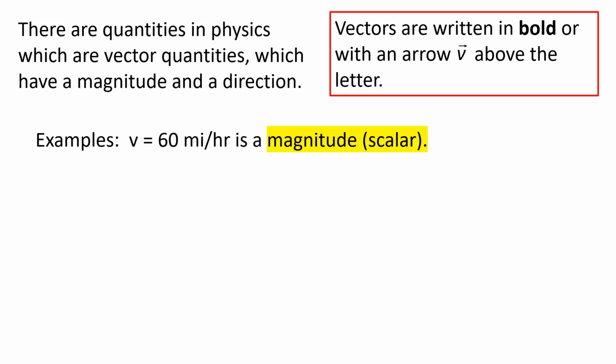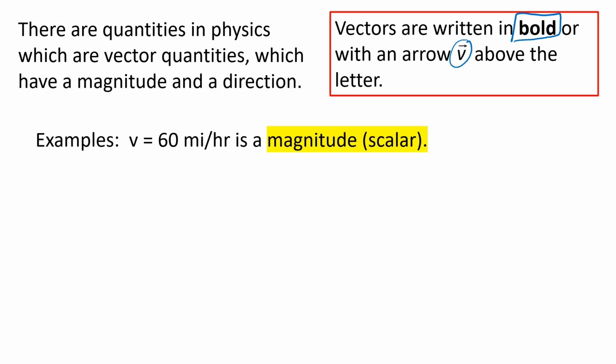So there are lots of quantities in physics and other branches of science which are vector quantities, and they have magnitude and direction. Now, generally what you're going to see is a vector is written in bold print or with an arrow above it, above the letter, to indicate that it's a vector.